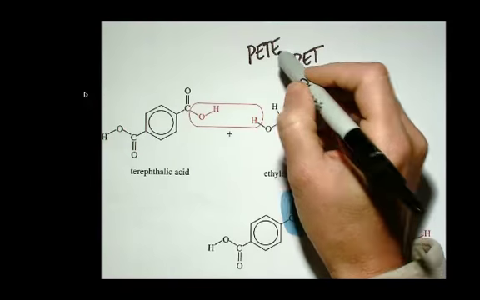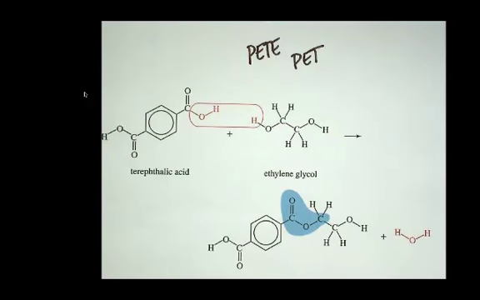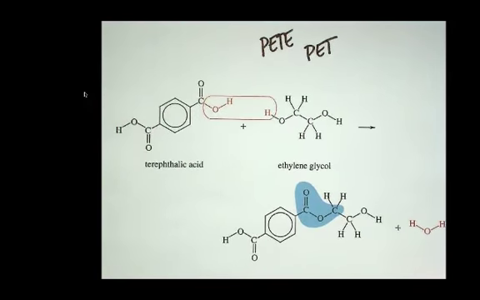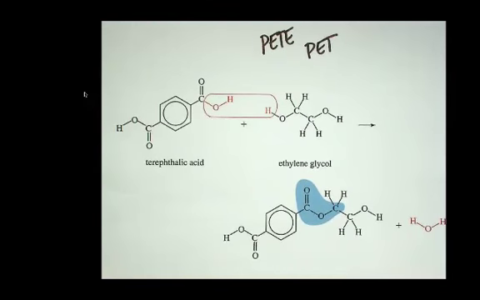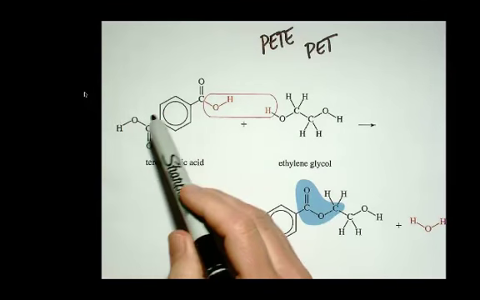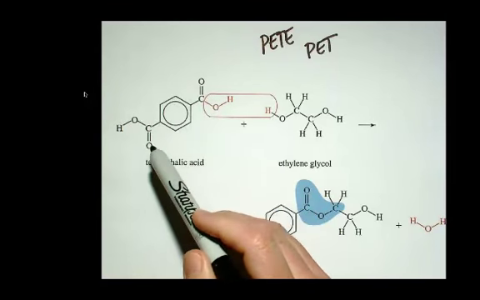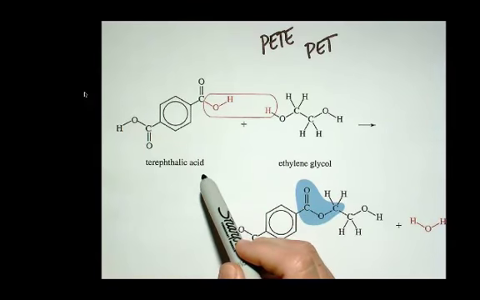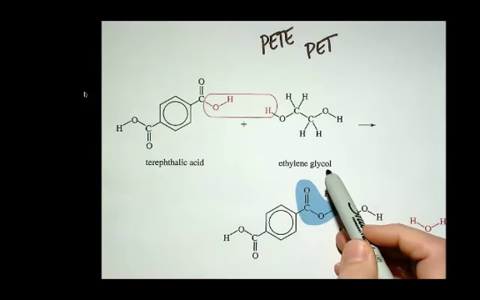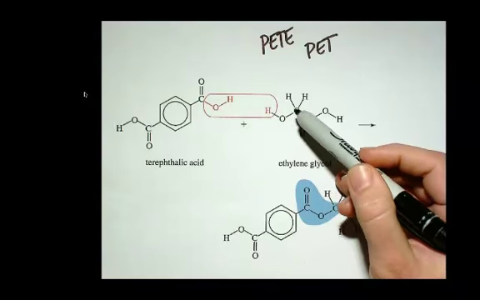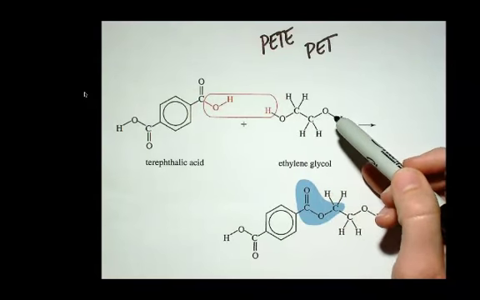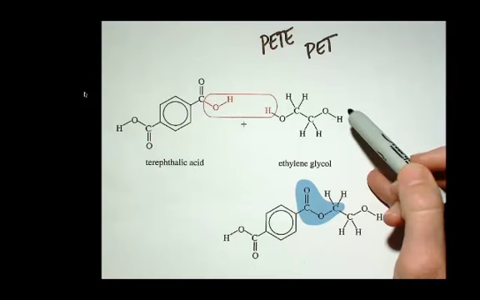Polyethylene terephthalate is the name of the polymer, and it's made by a condensation reaction between terephthalic acid right here. It's a benzene ring with two carboxylic acid groups on it. That's what terephthalic acid is. And ethylene glycol. Ethylene glycol is a little molecule with two alcohol groups on it.